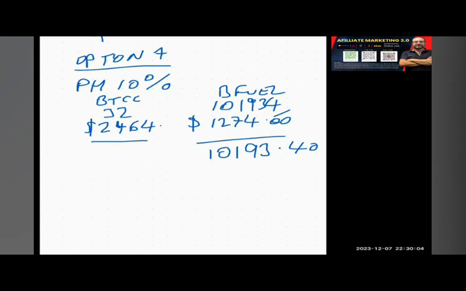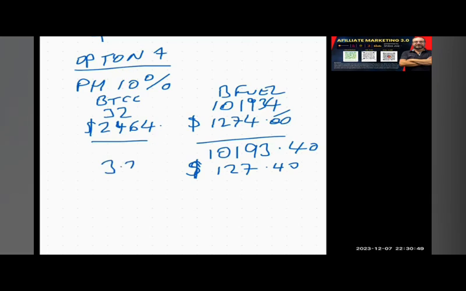I can now work out 10193.4 times 0.0125. That works out a dollar amount, $127.40. So I'm going to harvest 10% of my B fuel, which I now know I need to find $127.40. And I know that that's going to give me 3.2 BTCC into my MetaMask.